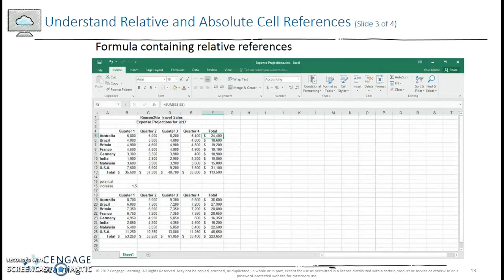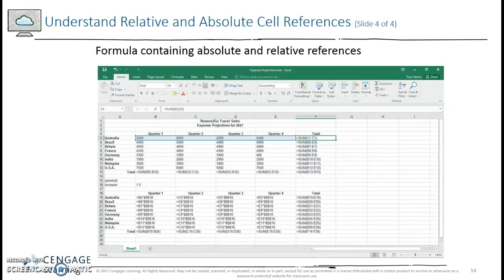Here's an example of a formula containing a relative reference. If you take a look, you can see that this is a relative reference. It has a $. Here's a formula containing an absolute reference.